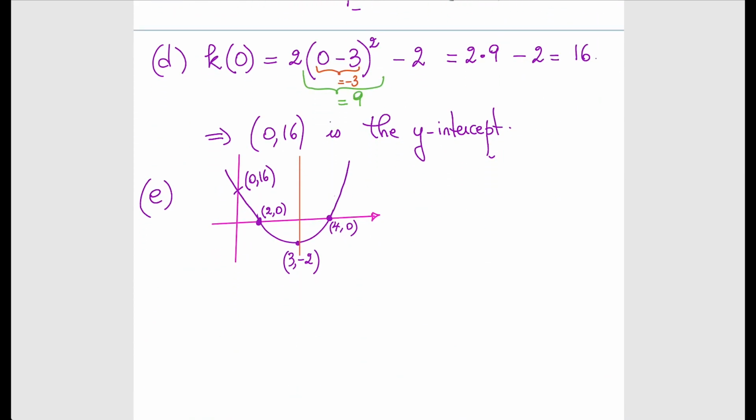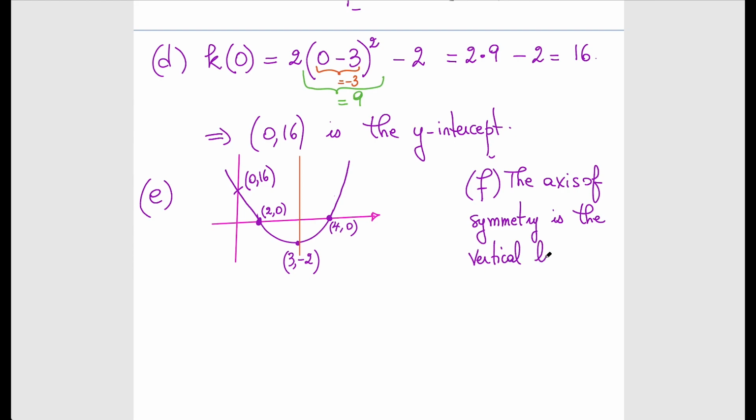So part F. Let's write it here. So the axis of symmetry is the vertical line x equals 3. x equals h in general, right?